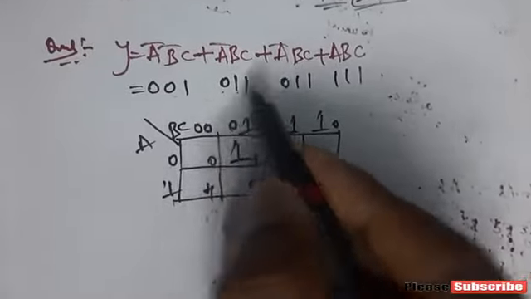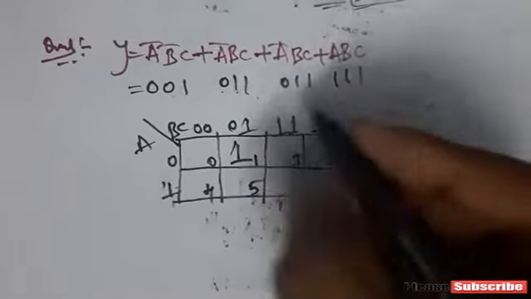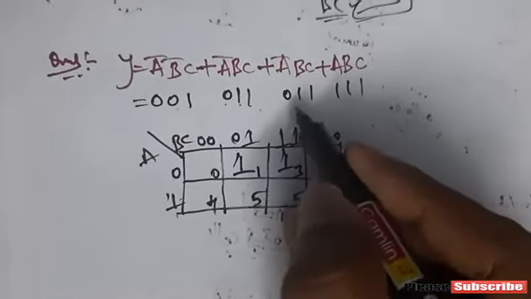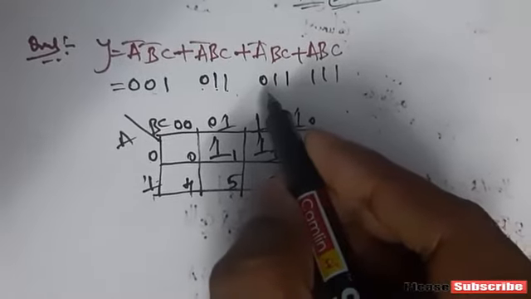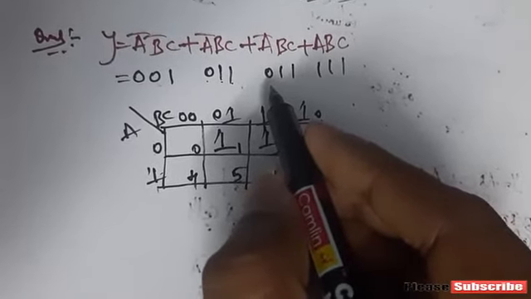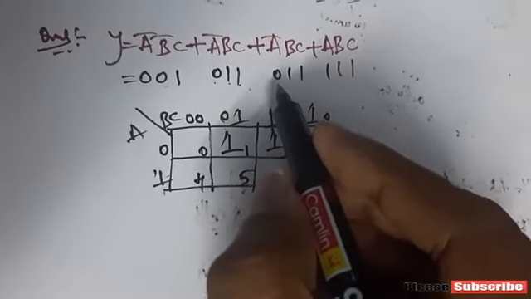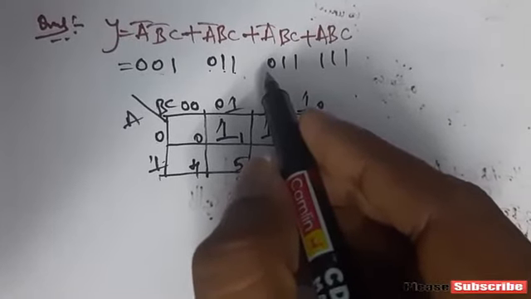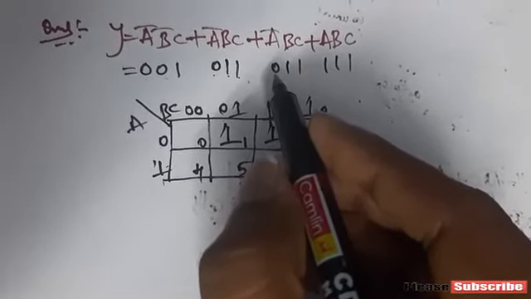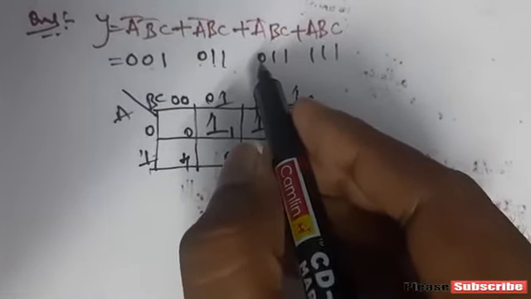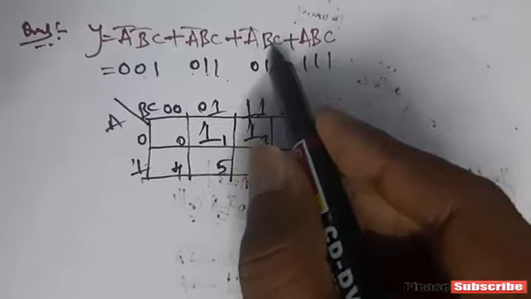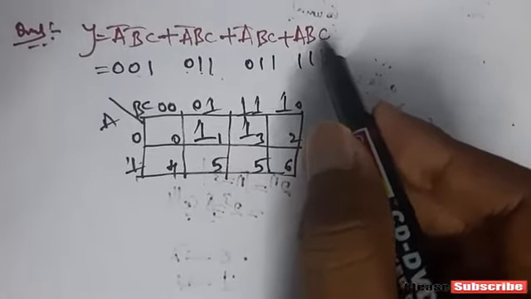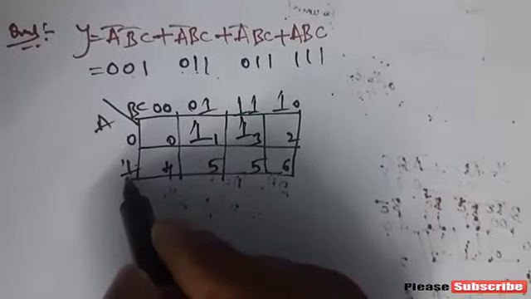Next 0 1 1, 0 1 1 presented with 1. Sorry, I made a mistake. 0 1 1, right? The question they are giving like that only. Okay. A bar BC plus ABC. ABC will be the 1 1 1, right? 1 1 1.